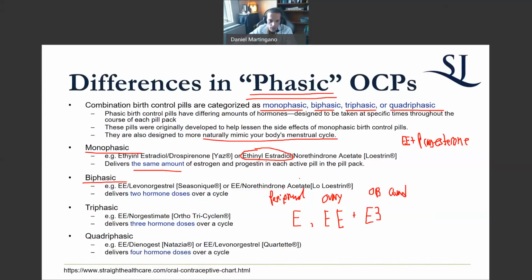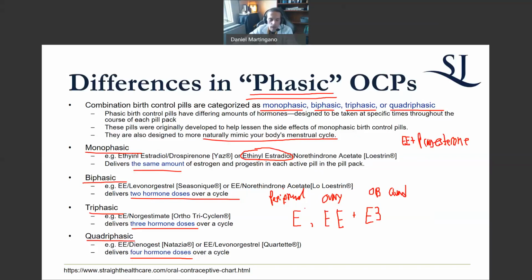So someone did a biphasic, which is two doses, and then they said a triphasic is probably more appropriate, and then more recently there's something with four hormone doses, where they try to really mimic how your body's menstrual cycle functions.